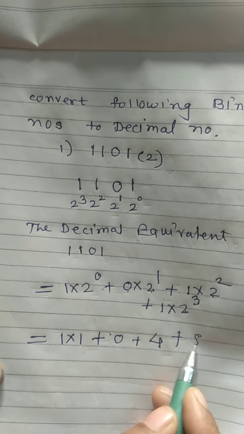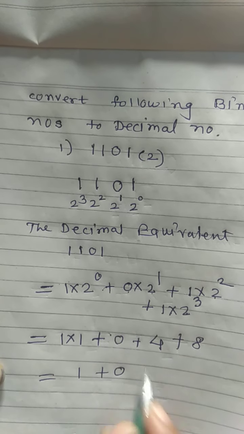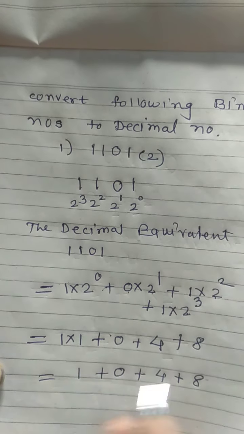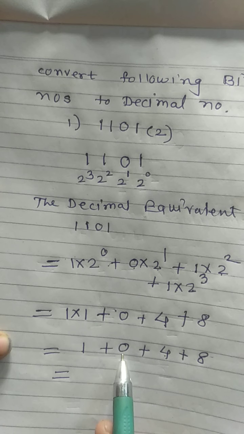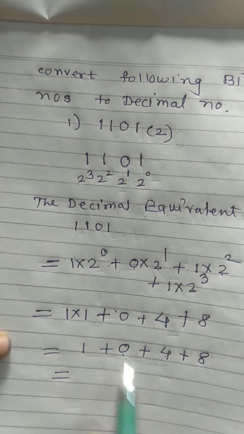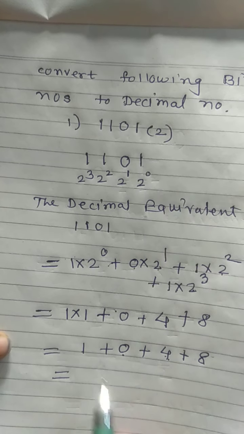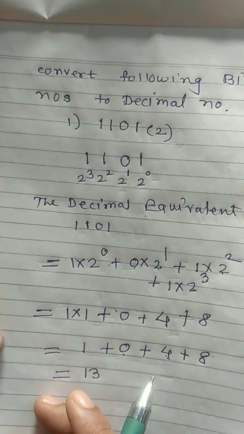Is equal to 1 plus 0 plus 4 plus 8, is equal to 1 plus 0, 1 plus 4, 5 plus 8, 13. So I will write here as 13. But what was asked to convert?